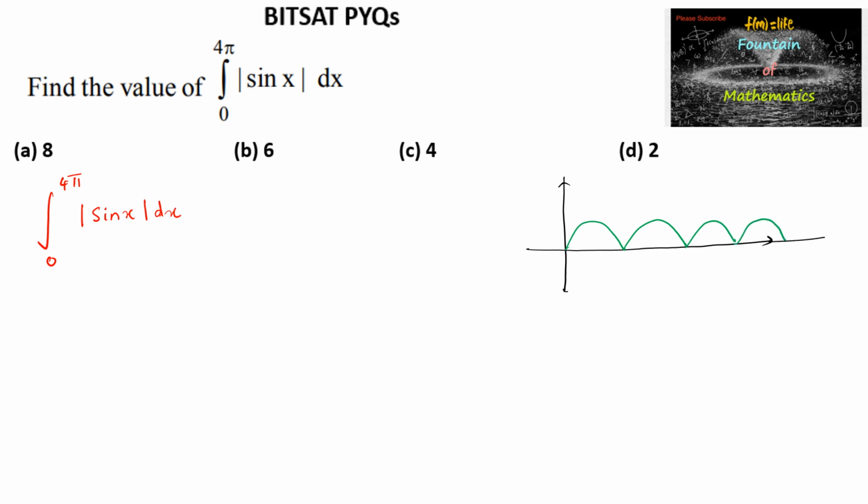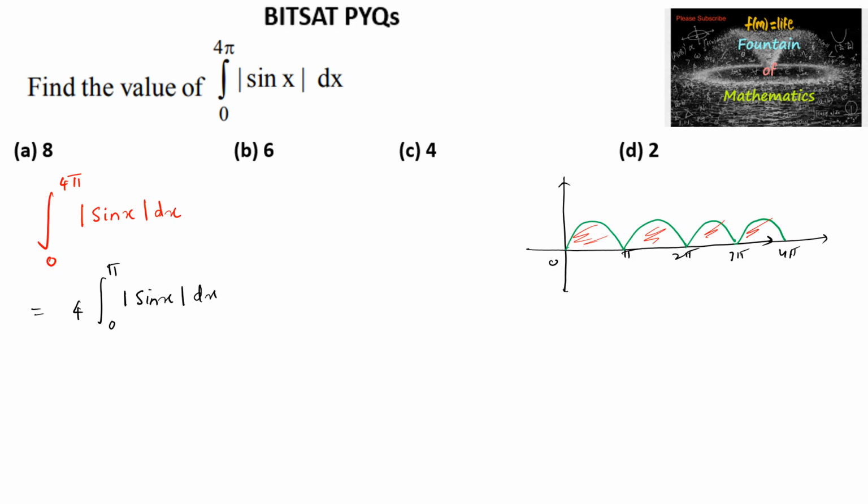The graph is like a periodic function. So we can say they are equal areas. So instead of 0 to 4 pi, we can take 4 times the integral 0 to pi of mod of sin x dx.